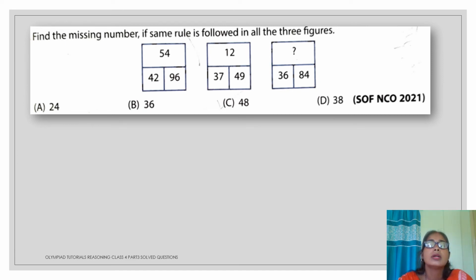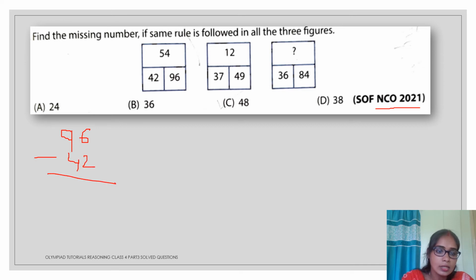In this question, you have to find the missing number with certain rules. Three numbers are given in each figure. This question was asked in the Computer Olympiads of 2021. So here, if you take the first image, you have three numbers, 96, 42 and 54. So 96 minus 42, if you take the difference, you'll get the answer as 54.